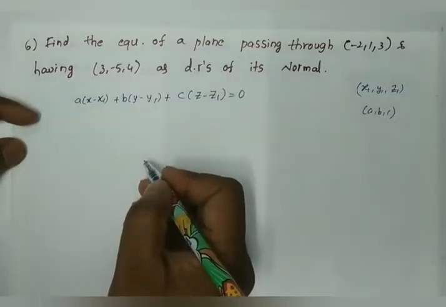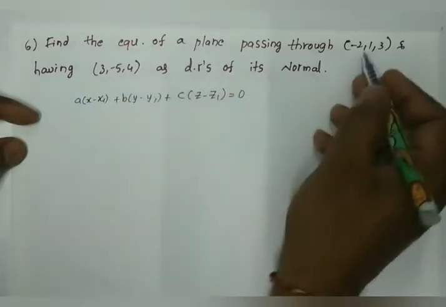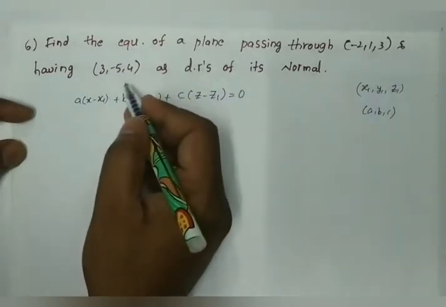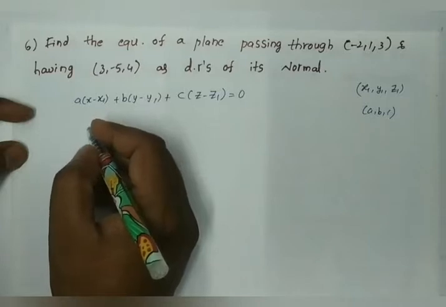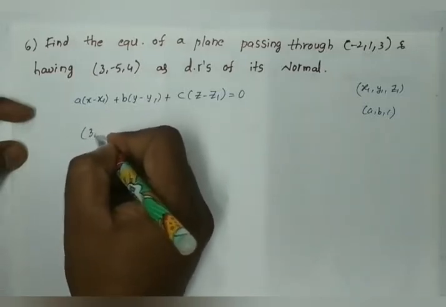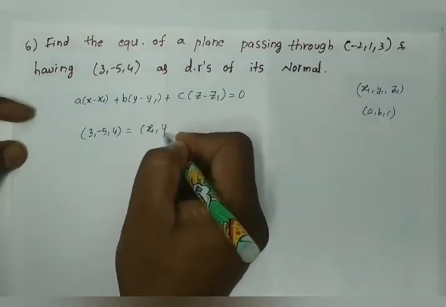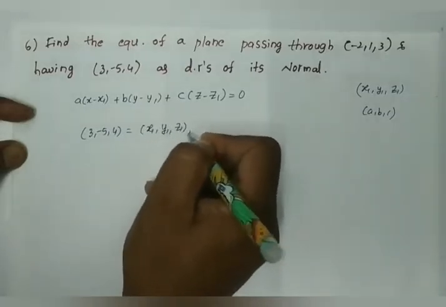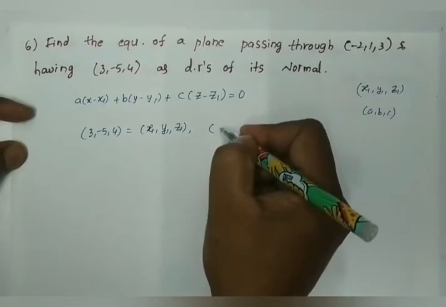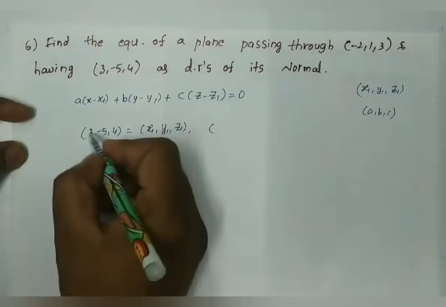As we are given the point and direction ratios, let us consider the given point as x1, y1, z1 and the given direction ratios as a, b, c.